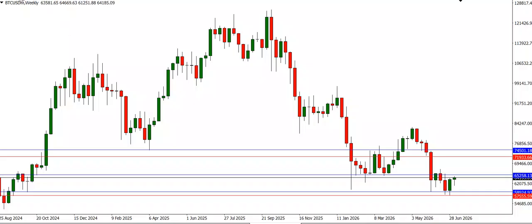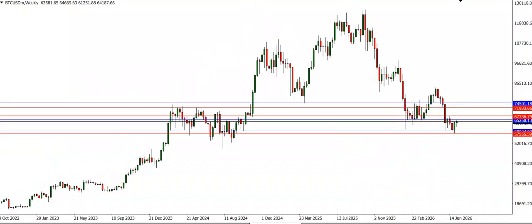Okay, I think I see another key level here for the weekly. Yes, got tested here. Got tested here and got tested here.